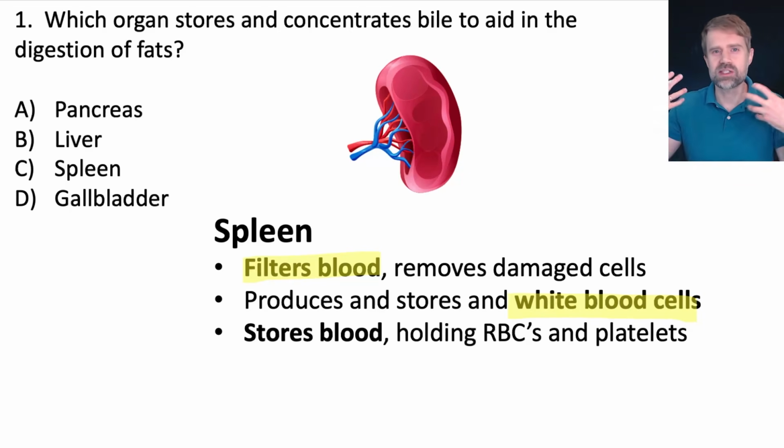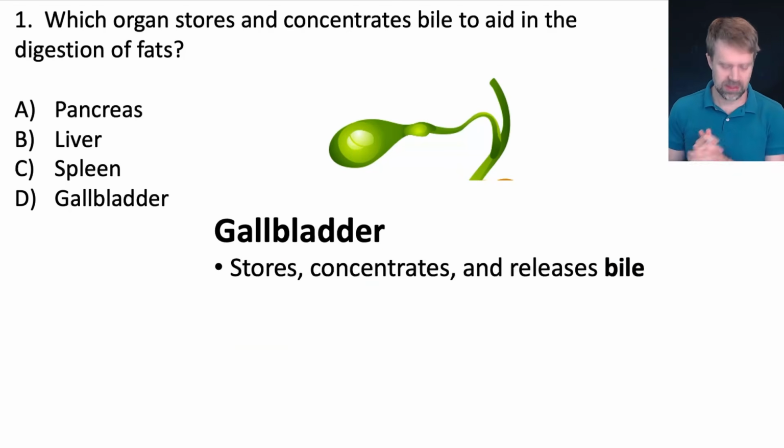It stores blood, particularly red blood cells and platelets, but nothing to do with storing and concentrating bile. So let's not choose C. And finally, the gallbladder. What does a gallbladder do? There it is. It stores, concentrates, and releases bile.